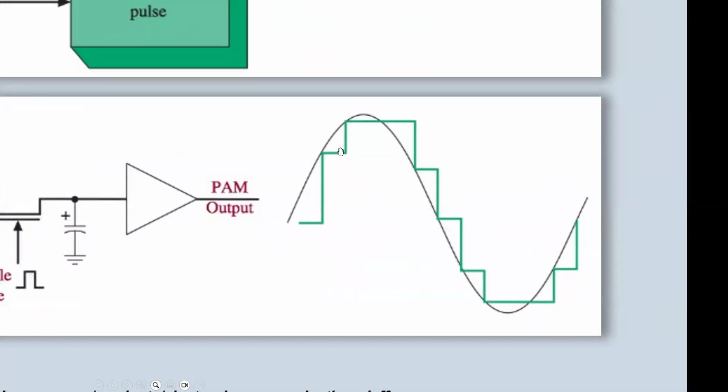If you have fewer samples, you're going to get a jittery type of representation.